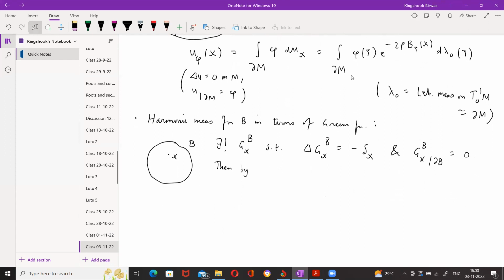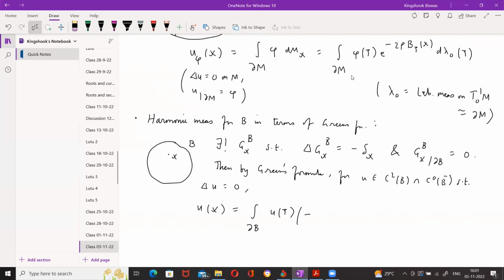So then by Green's formula, what you can show is, for u in C2(B) intersect C0(B closure) such that u is harmonic, u of x is equal to the integral over the boundary of B of u of psi into minus del G X B over del N of psi, ds of psi.